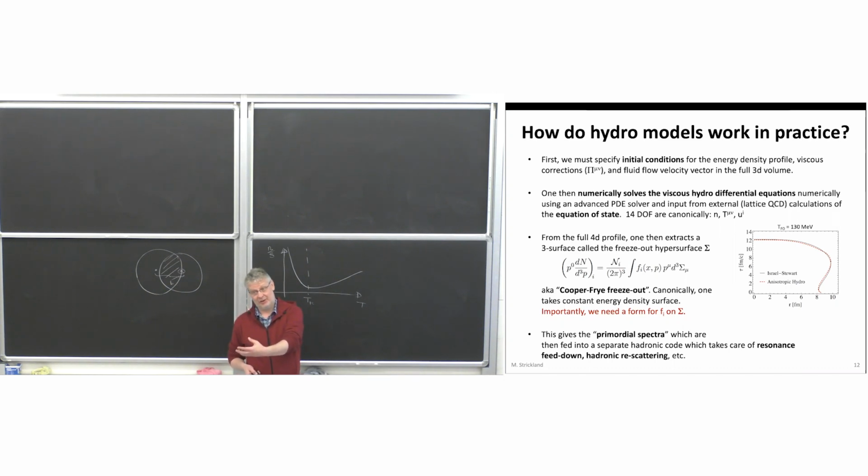If the one particle distribution function is perfectly thermal, the viscous correction by definition is 0. But you can also invert this relationship and express the one particle distribution function in terms of the viscous correction. So it's an equilibrium distribution function plus some correction. And so there's a systematic way to figure out what this thing is, and it involves the viscous corrections.